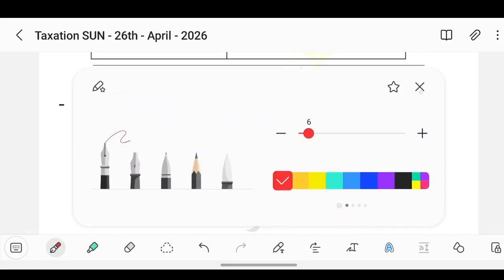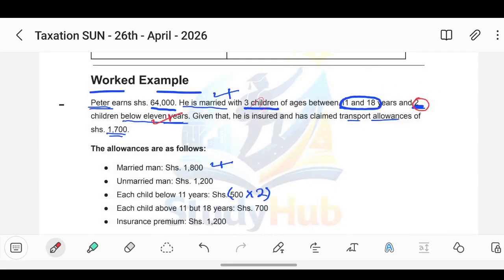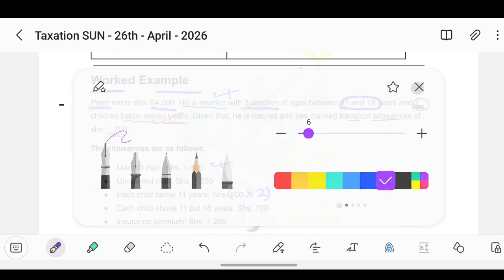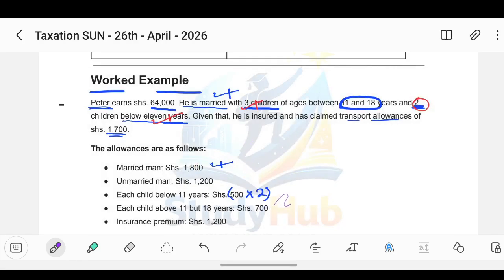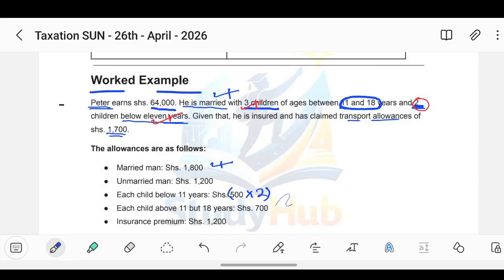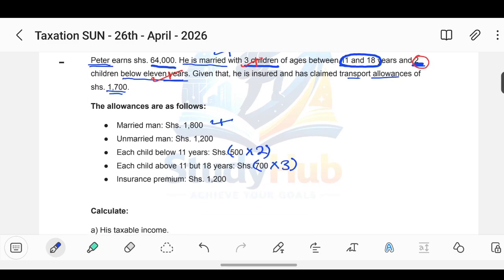So they are 3 children within that range. So you multiply times 3 there. And that one will be the total allowance for the 3 children.